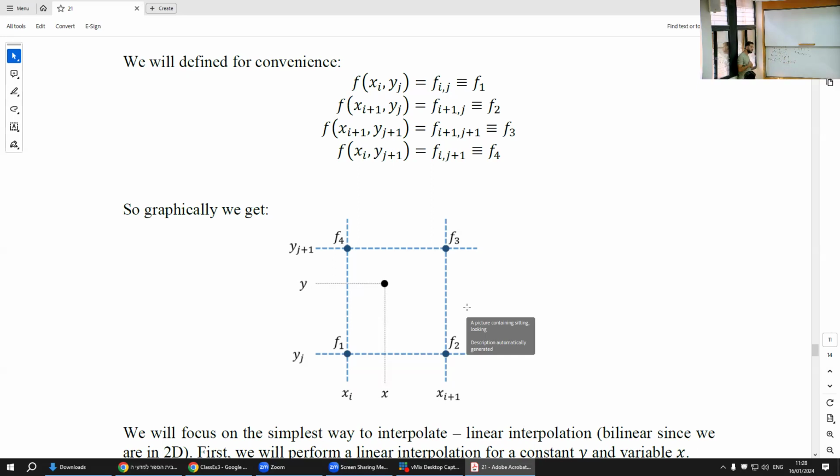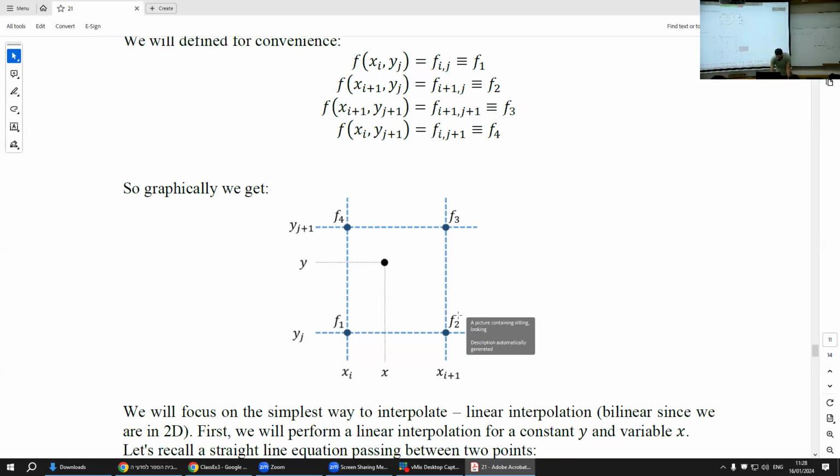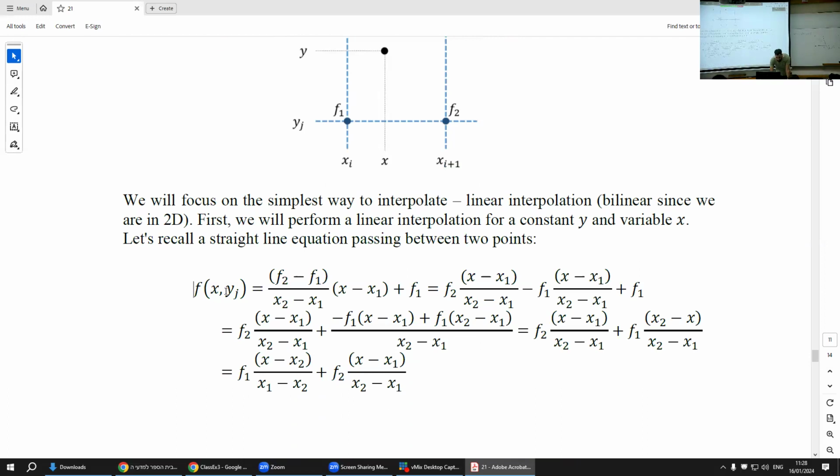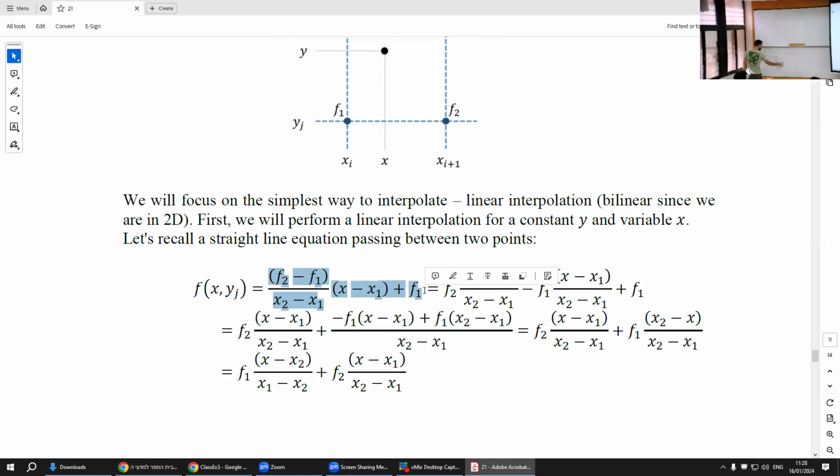Again, we have fixed y1, and that's how we make this interpolation at y1. So the function is f1 plus this.